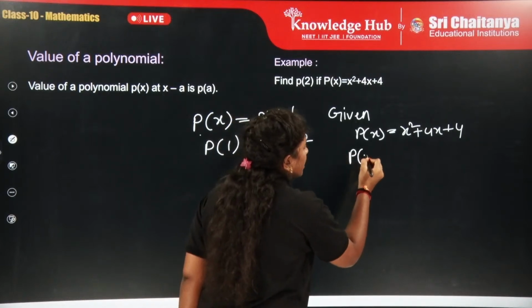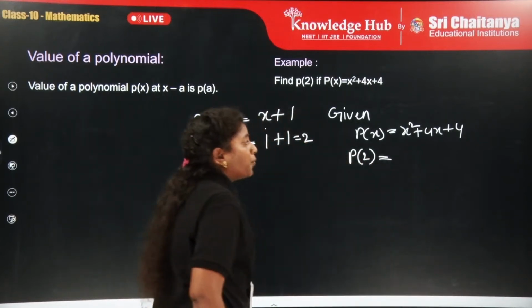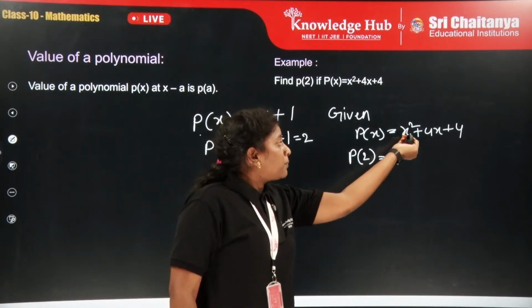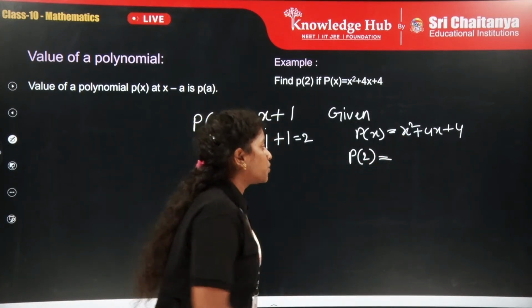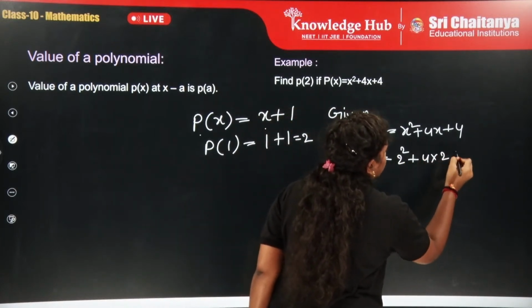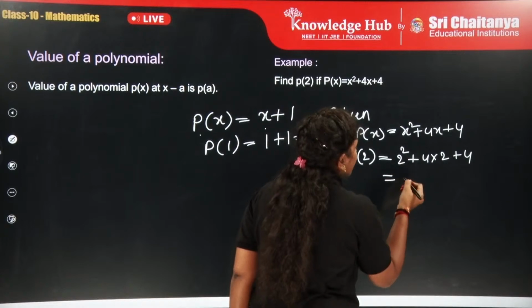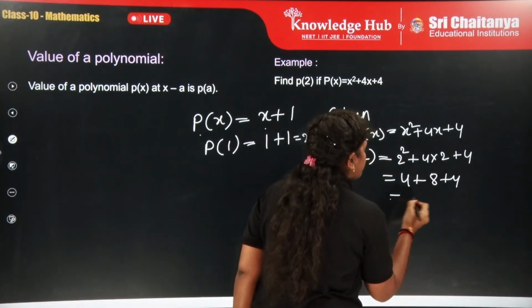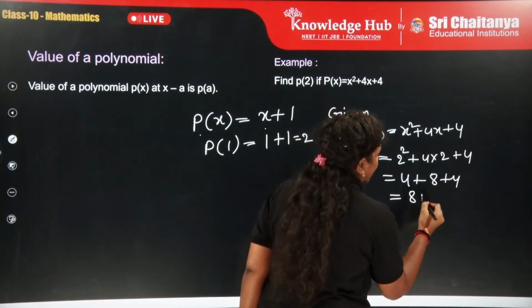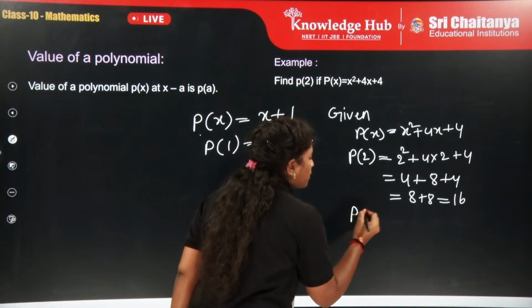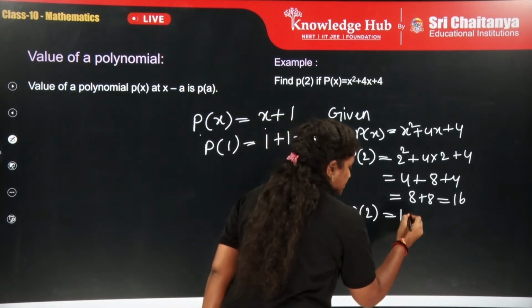That means wherever you have the x in your polynomial, you have to replace that x with 2. So here it will become 2 square plus 4 into 2 plus 4. Now 2 square value is 4, plus 4 twos are 8, plus 4. Now 4 plus 4 will give you 8, and 8 plus 8 will give you 16. So finally we got the p of 2 value as 16.